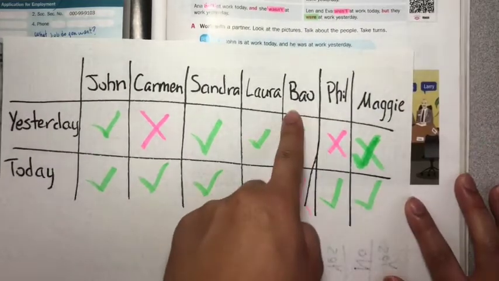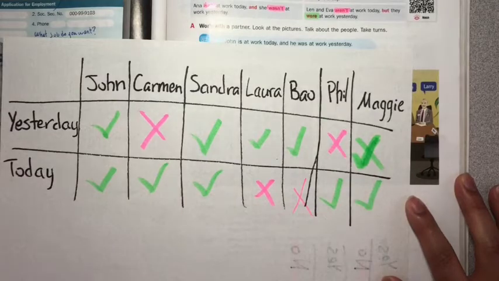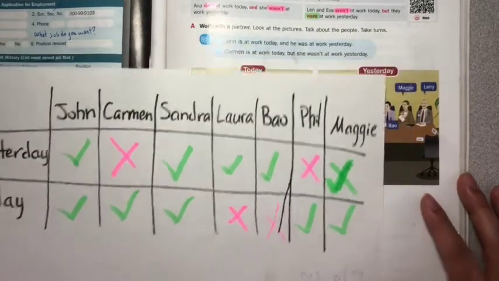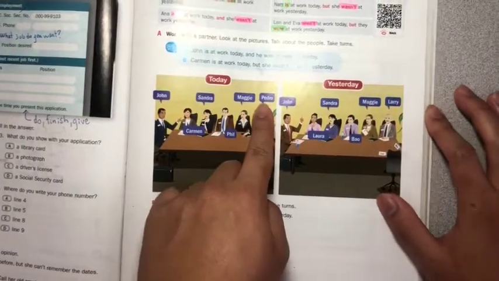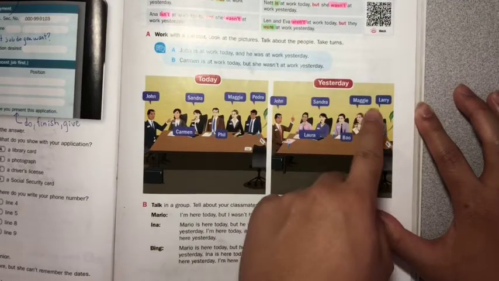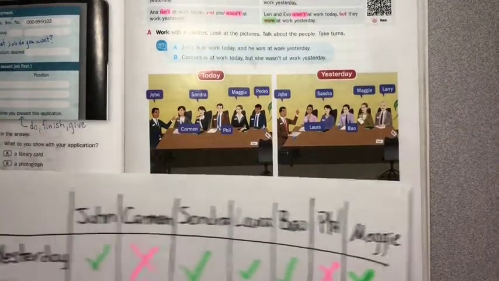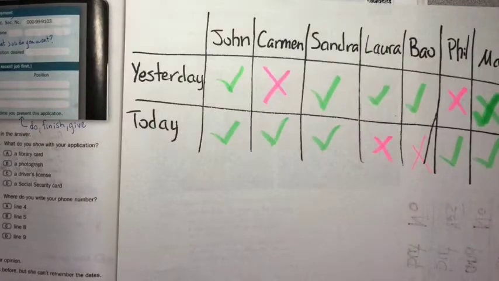So now you can do Bao, Phil, and Maggie. Maggie was at work yesterday. And then when you finish these people, I want you to talk about Pedro and Larry. And then I want you to talk about one more person.